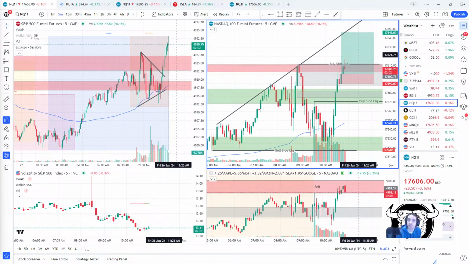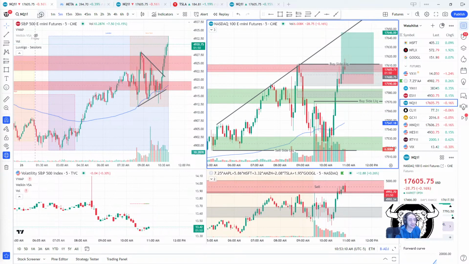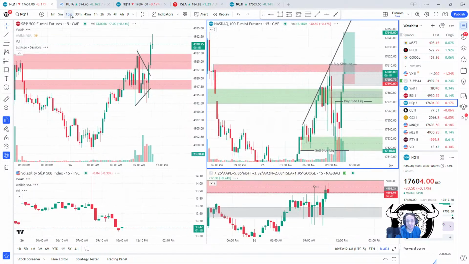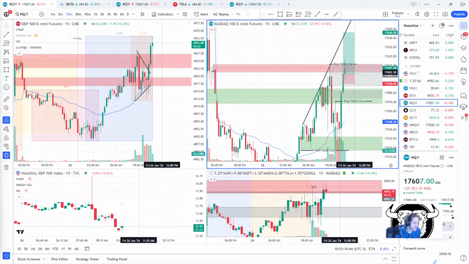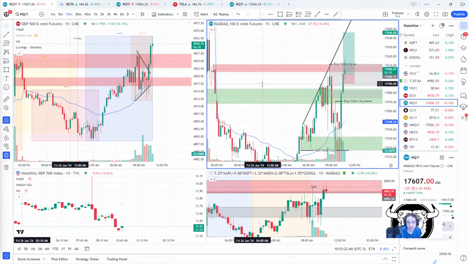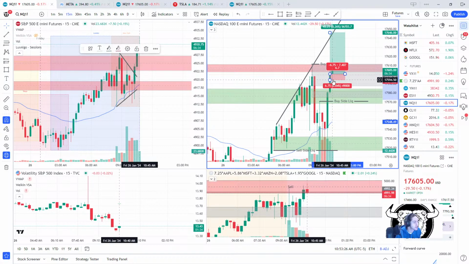We got 2 minutes till this candle closes. Ooh, a lot of selling pressure just came into the equities. Nice. Don't say that. That makes me want to exit. Could wait for the 15 to close and put stops like right there.